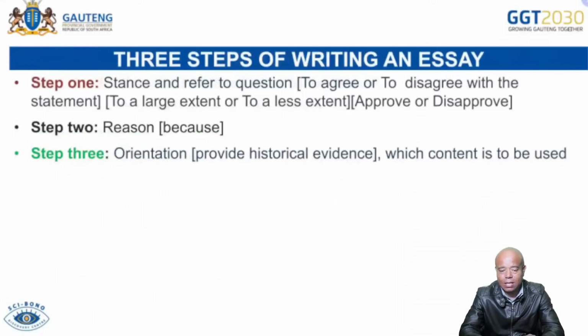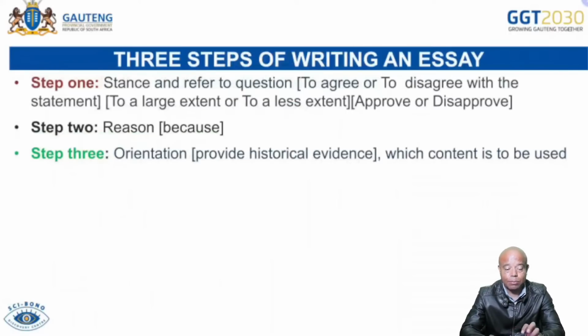You can see on the screen: to agree, to disagree, to a large extent, to a lesser extent. When it comes to agree, you can say it can be agreed upon, but you never say I. You never say, I approve, I disapprove. You say it can be approved or it can be disapproved. So these are the stances you must take for the three different questions.